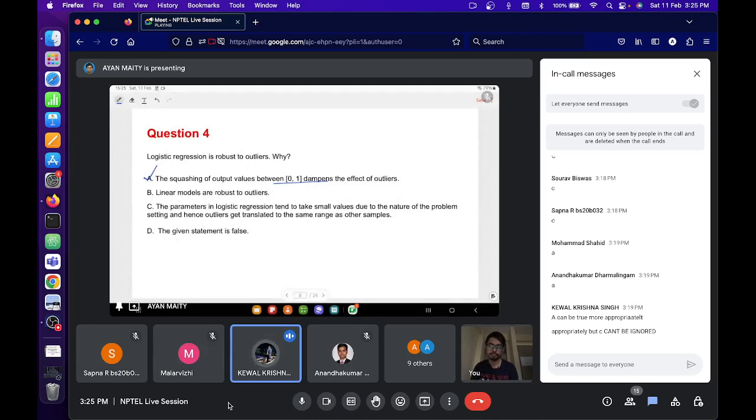Okay, sir. I will search on that. Yeah, you can search why it is robust to outliers, and there can be many other reasons, but I think C is not right because it can take smaller values, which is not right. It is just like linear regression with only the application of the sigmoid function, just to scale it down to 0 to 1. In linear regression also the coefficients can take any value from minus infinity to infinity, and only if we use regularizers can the parameters take small values.